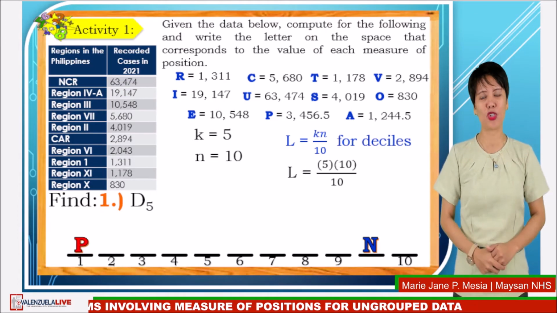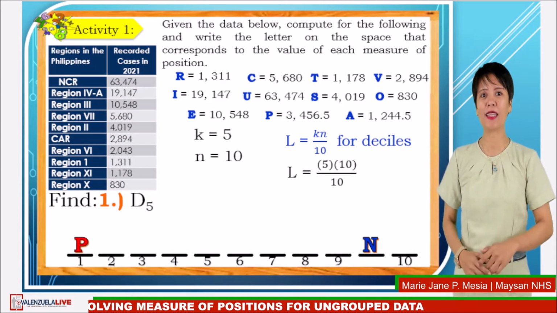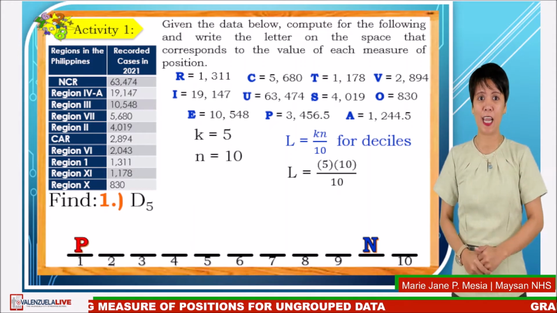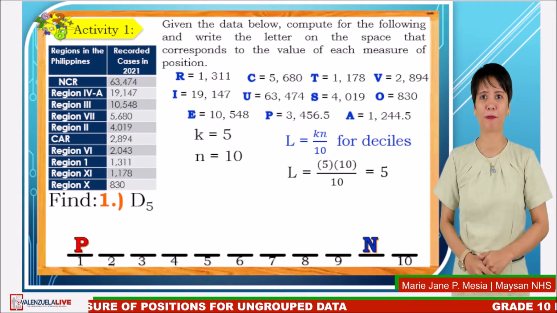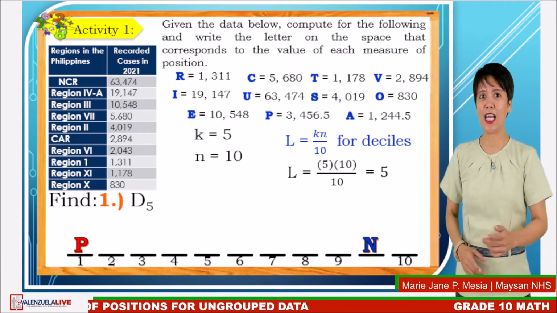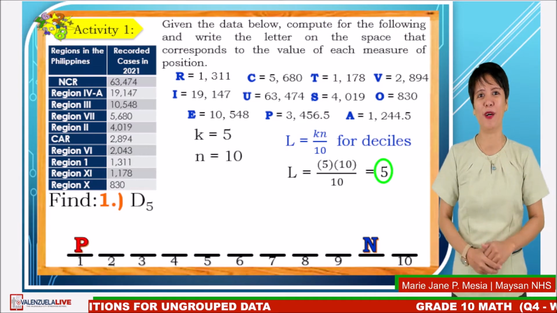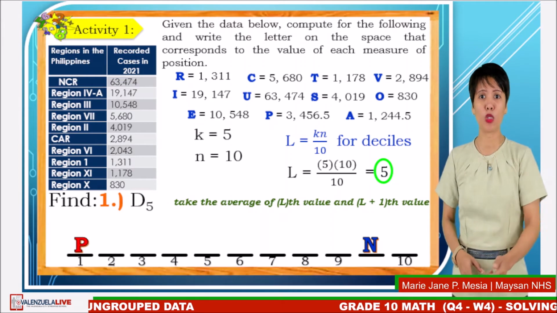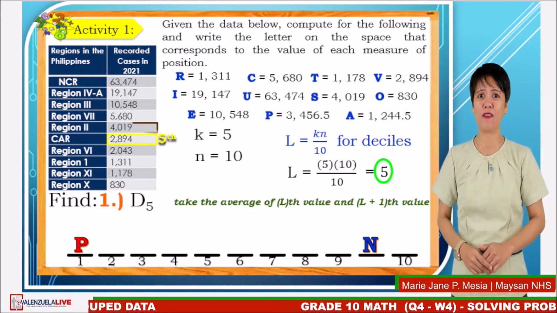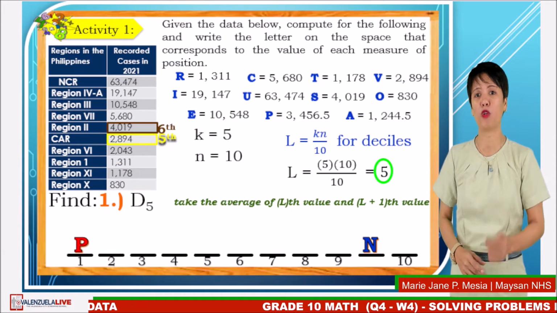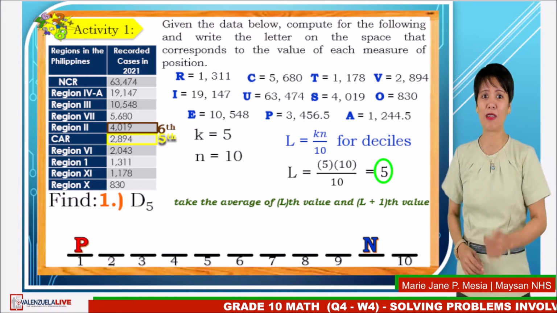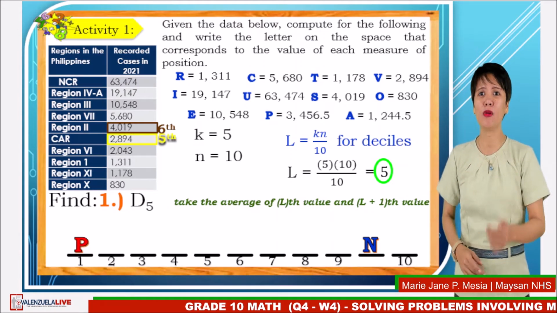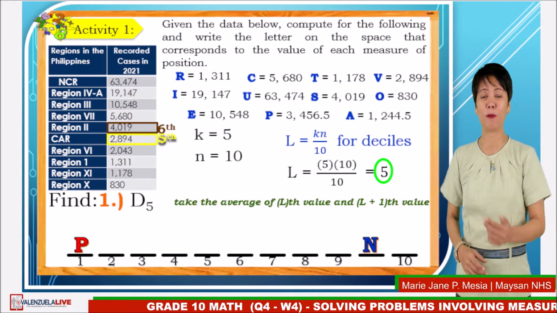By substitution, L is equal to 5 times 10 divided by 10 is equal to 5. Since the L or locator is a whole number, take the average of the L value and L plus 1 value, or the average of the values of the 5th and 6th positions. These are 4,019 and 2,894 respectively.